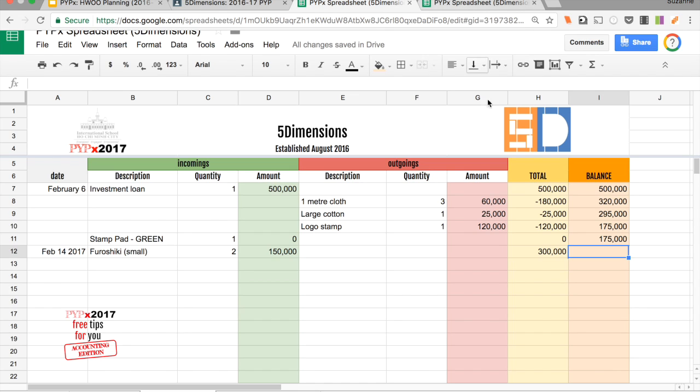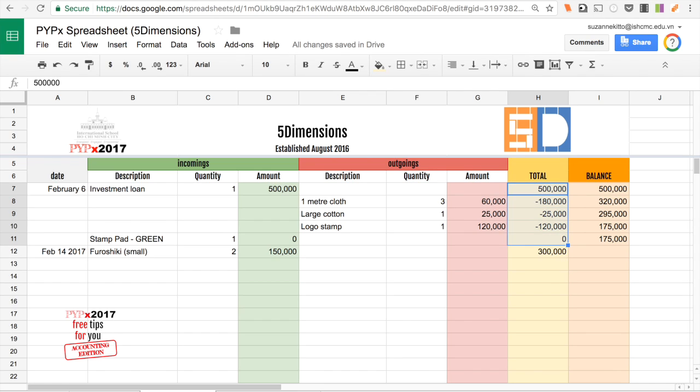And if I do my process again, I now have back up to 475,000 is my total. My balance is looking a bit healthier now. I also sold to that same customer one large furoshiki at 200,000.